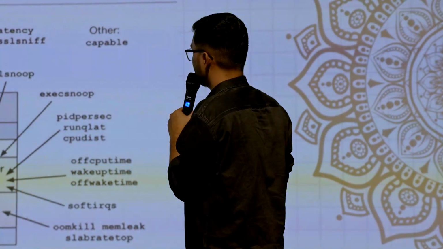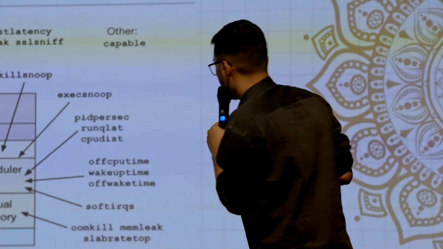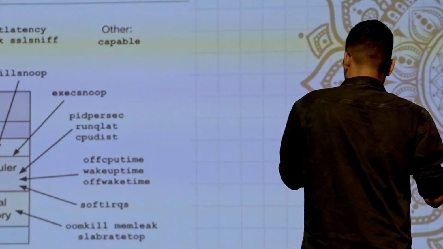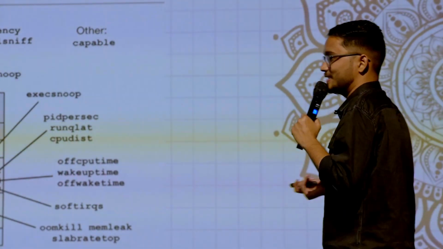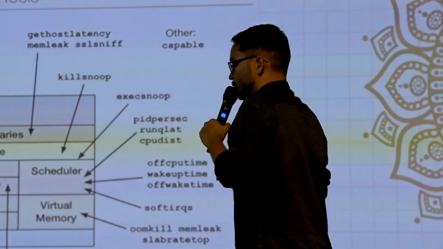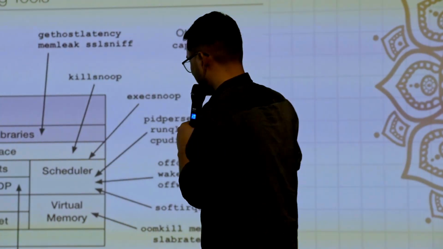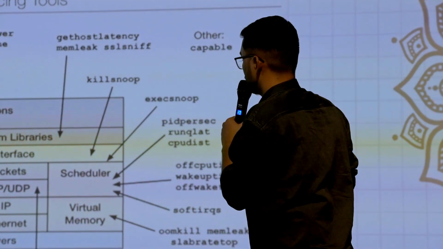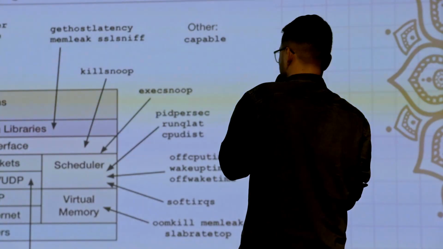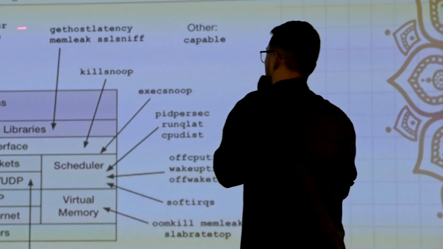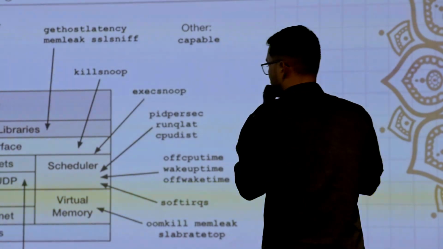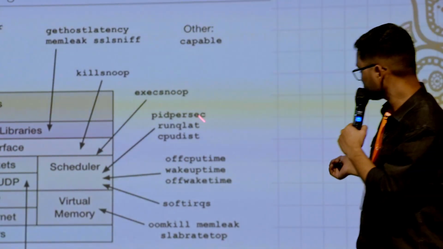And this is a very famous diagram in the eBPF world. BCC is the BPF Compiler Collection, which provides different libraries, Python based, so that we can use eBPF efficiently. These are different tools that BCC provides. In the application layer, we have mysqld_qslower, which tracks the MySQL query latencies.